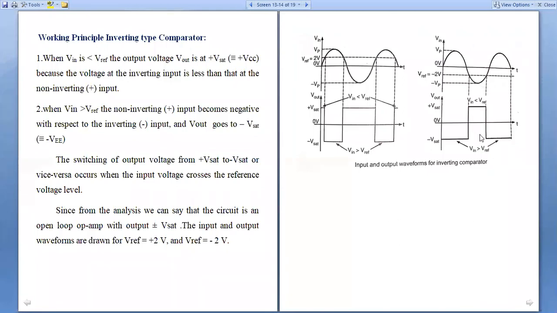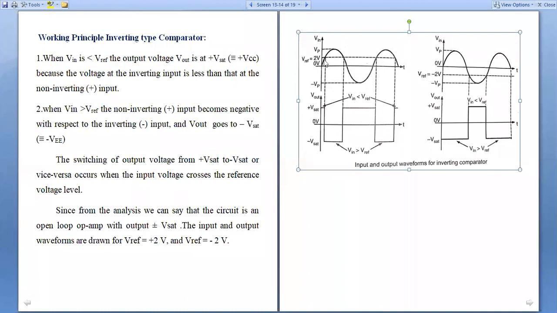So the vice versa condition will happen. This is the analysis with respect to the inverting type comparator. That means here we are observing the behavior of output voltages with respect to the change in reference voltages. In the first analysis of input output waveforms, the reference point is around plus 2 volts.